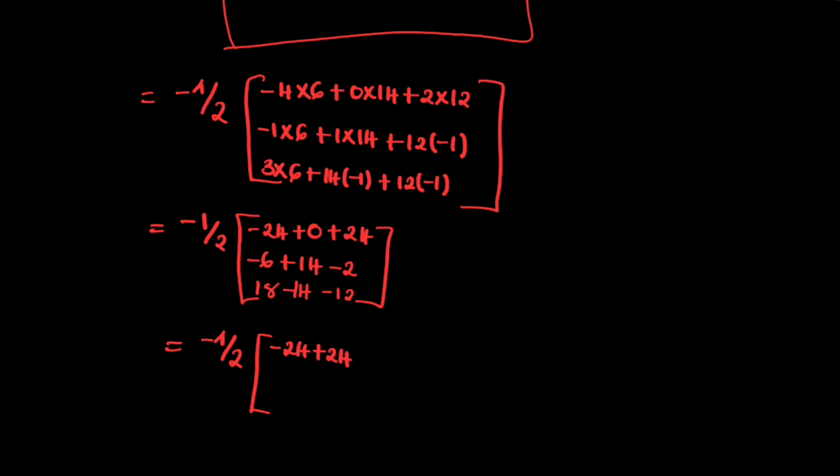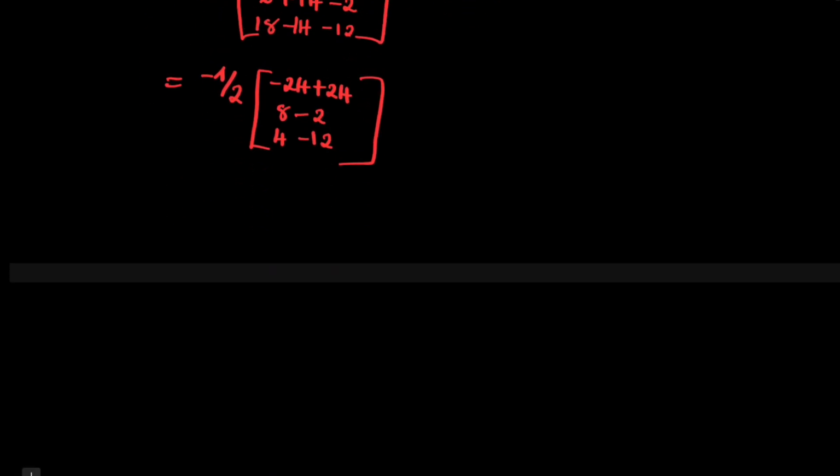Minus 6 plus 14 gives 8 minus 12, 18 minus 14 gives 4 minus 12. To simplify it further, minus half into 0, 8 minus 2, 8 minus 2 is 6, and 4 minus 12 is minus 8.